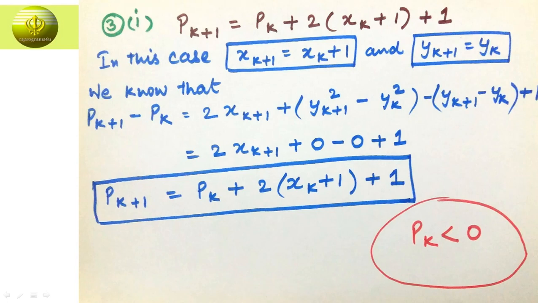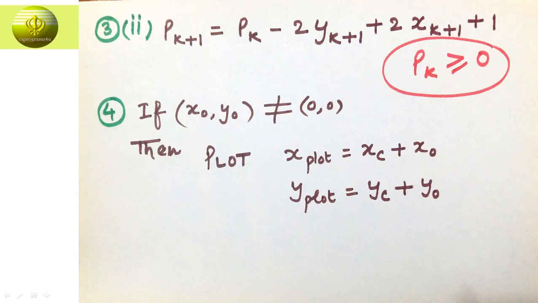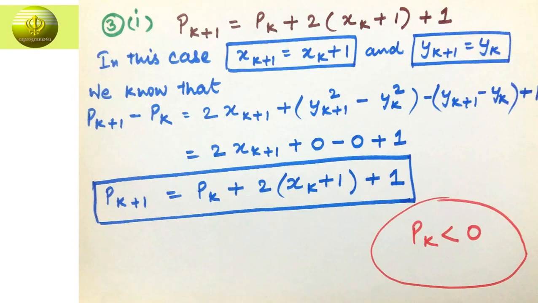What about the decision parameter? The decision parameter is pk plus 1 is equal to pk plus twice of xk plus 1 plus 1. Now, to find out this value, what we have to do? We have to insert these values, xk plus 1 is equal to xk plus 1 and yk plus 1 is equal to yk, in the equation we have calculated earlier.